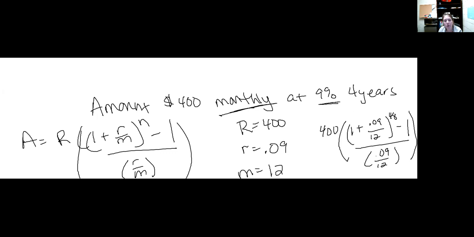And now we're going to raise that number, so 1.0075 raised to the 48th power. You get 1.431405. And then I'm going to add 1 to that.